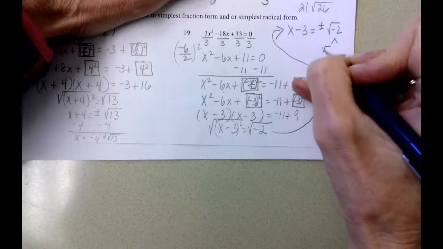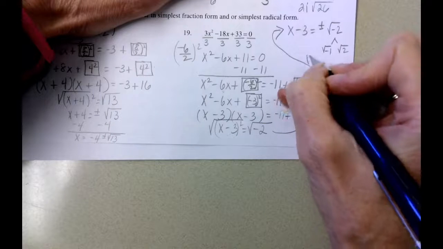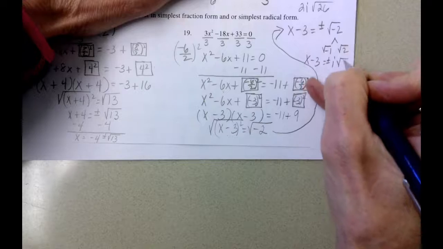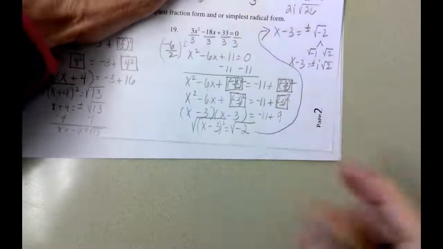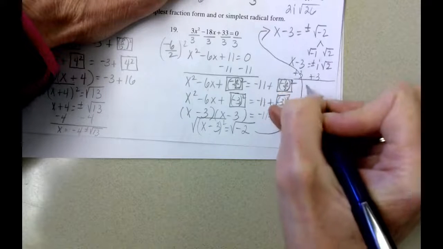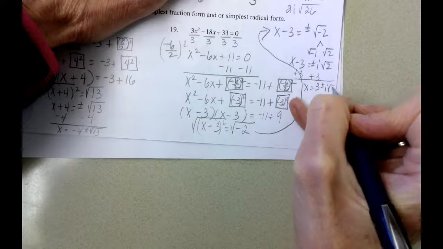Well, remember, when you take the square root of a negative number, we're dealing with an imaginary. So this is x minus 3 equals plus or minus i square root of 2. And then lastly, we can add the 3 to both sides. So we get x equals 3 plus or minus i square root of 2.